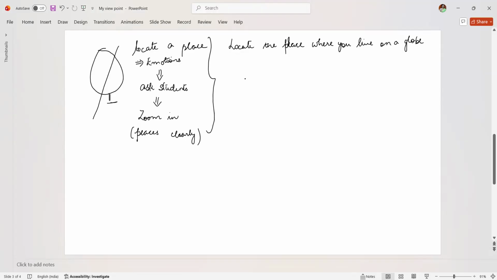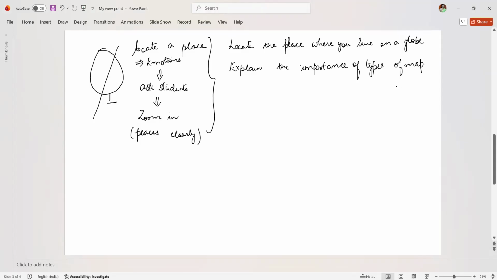So the next part will be, once they try, brainstorm and come in with different options, there we go to the next objective: explain the importance of types of map.